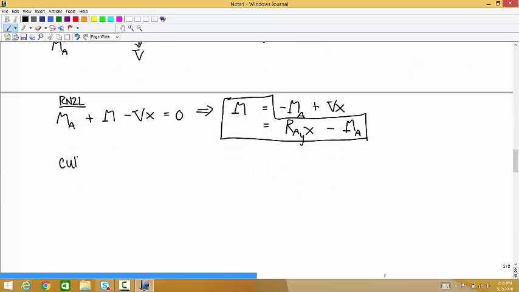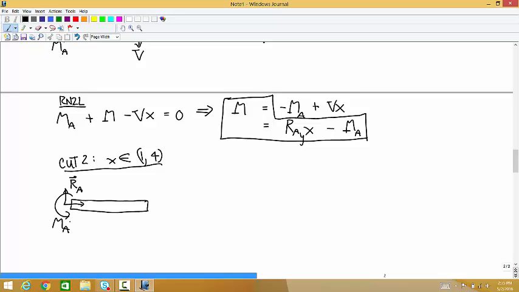And now the second cut, that's valid for X values between 1 meter and 4 meters. So on this one we have the force RA, the couple MA, and now we also have that downward 5,000 Newton force, and then the internal loads.